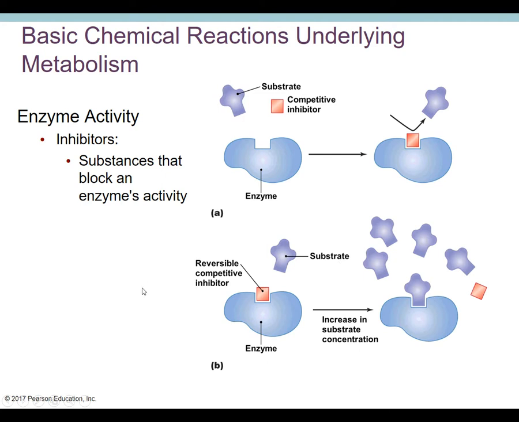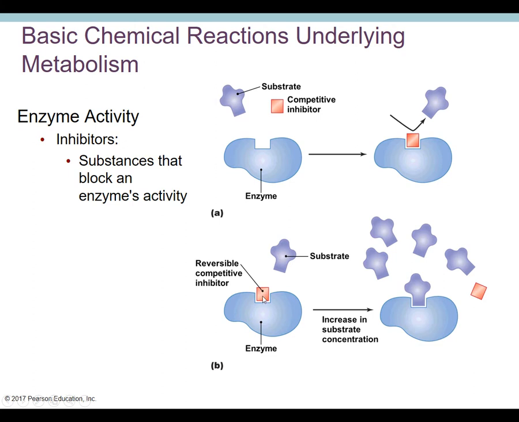Inhibitors are important when we think about creating drugs that stop the metabolism of a pathogen. What we're really thinking about is chemicals that act as inhibitors to the pathogen's enzymes.